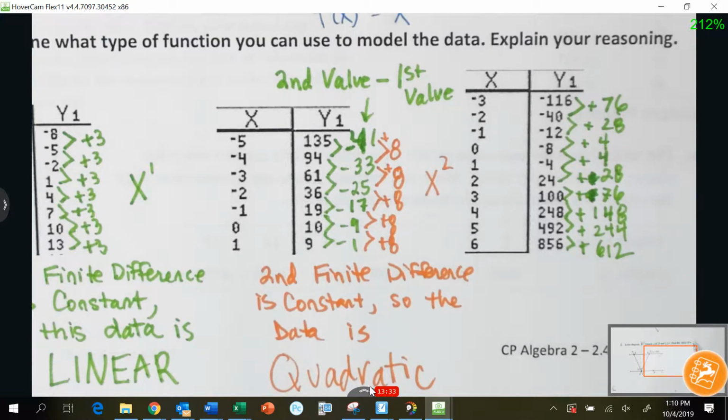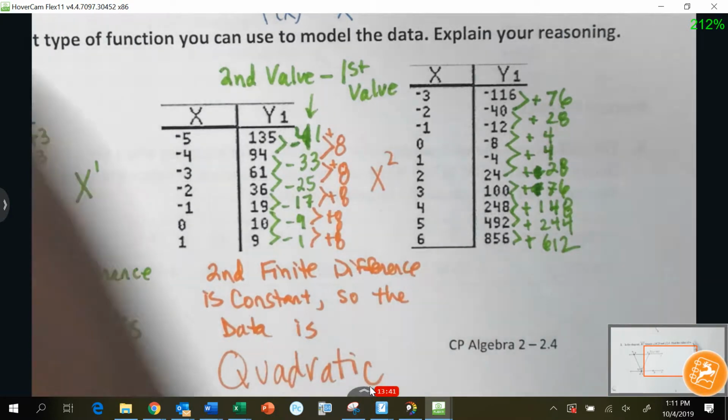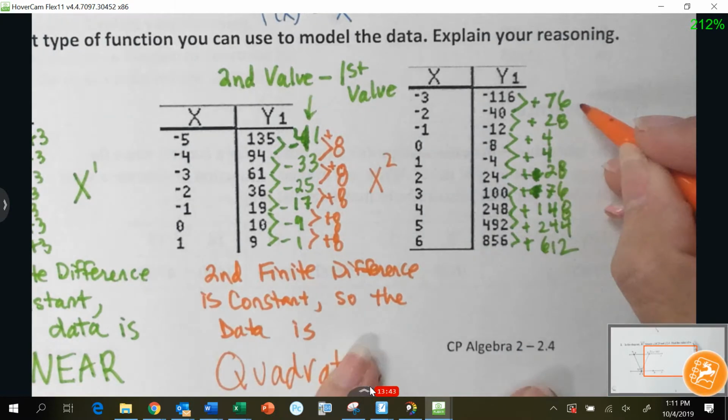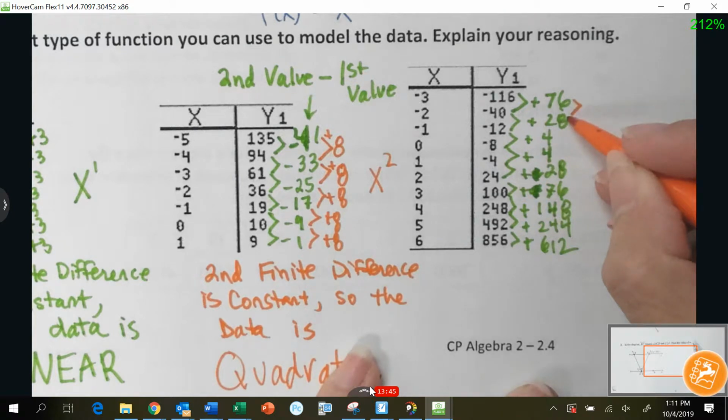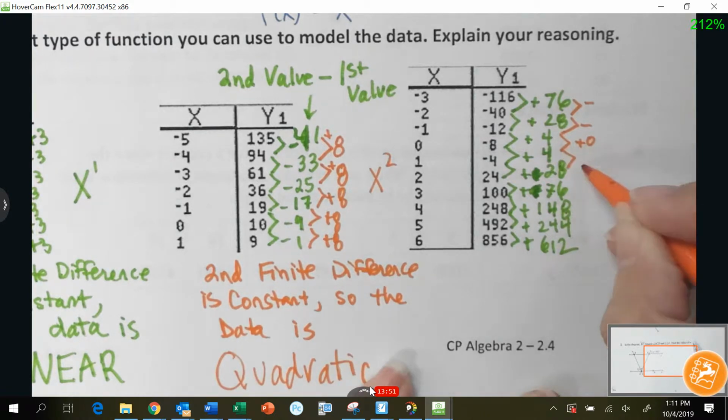Okay, now I'm going to do my second differences. I notice this is going down, this is going down. From 4 to 4 is 0. Then it's going up and up and up and up and up.